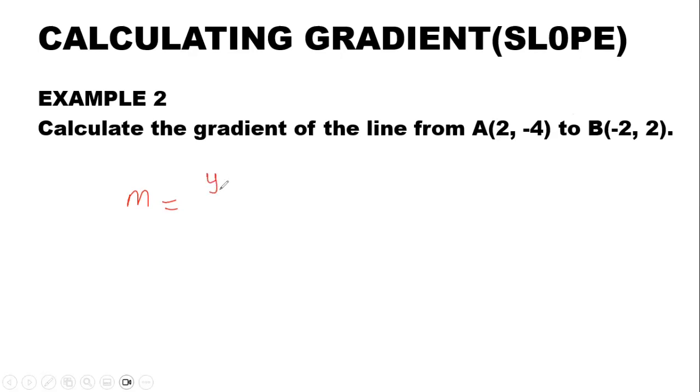change in y, so y2 minus y1 all over x2 minus x1. So we can label this as x1, y1, x2, y2.